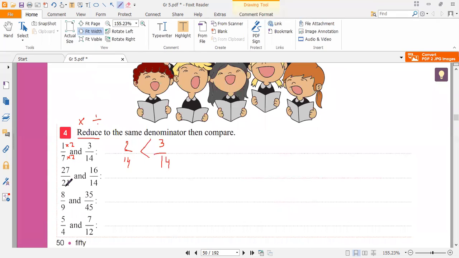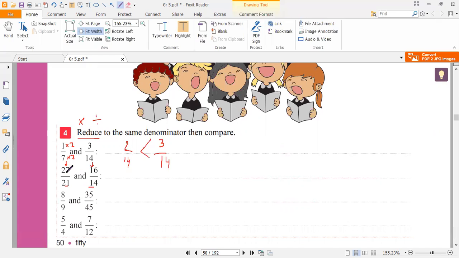Now here, 27 over 21 and 16 over 14. So I'm gonna replace the two fractions by an equivalent fraction. Why? Because I can't turn 21 into 14 and I cannot turn 14 into 21. So let's try 27 and 21. They are multiples of 3, right? So they are divisible by 3.